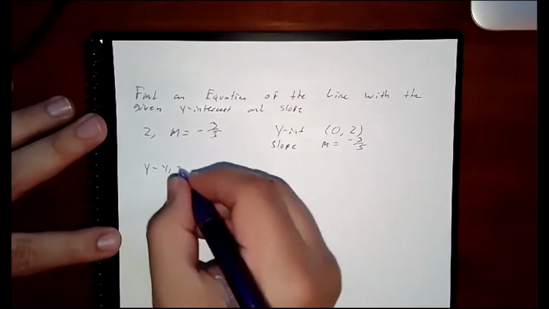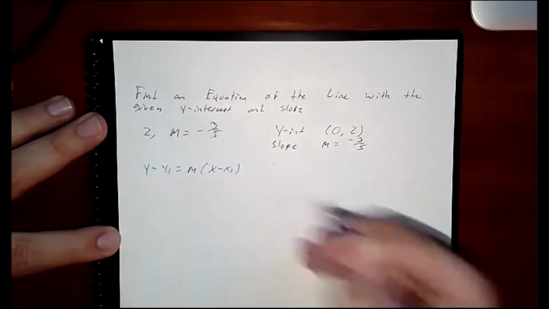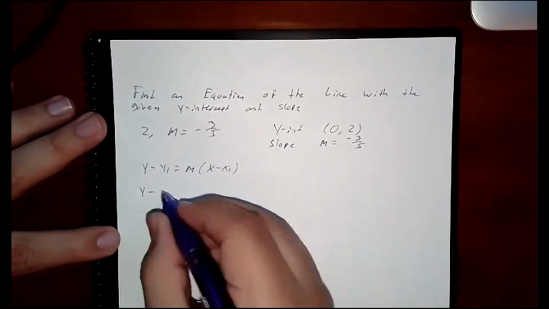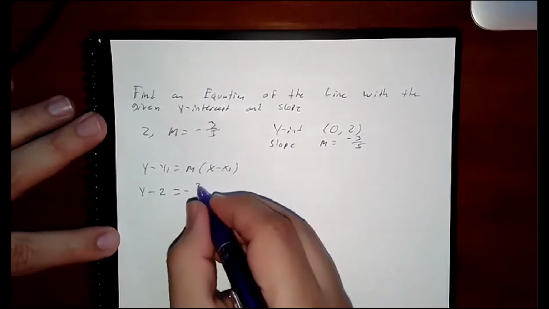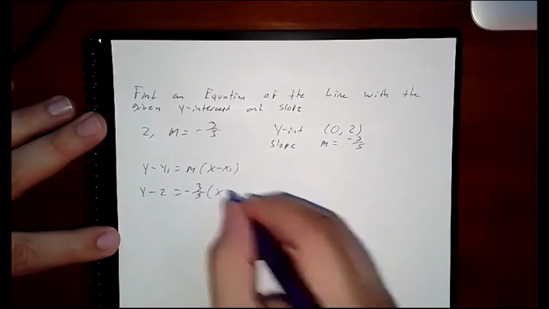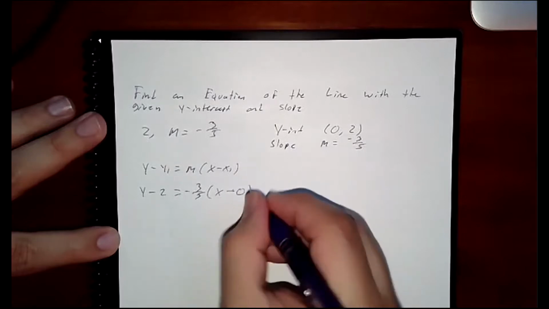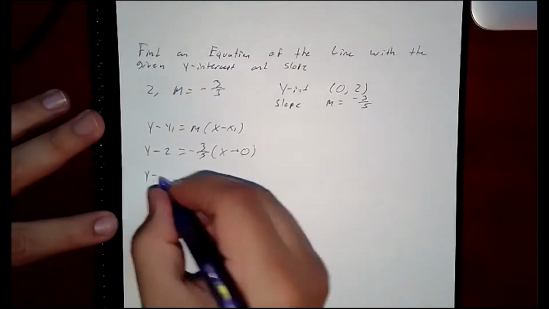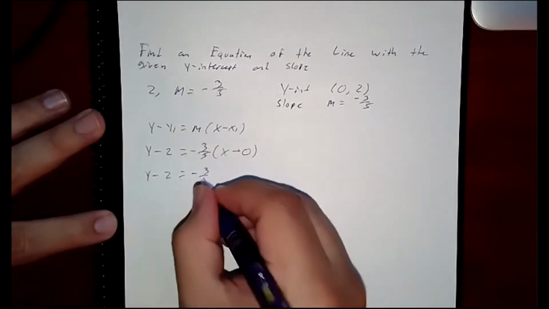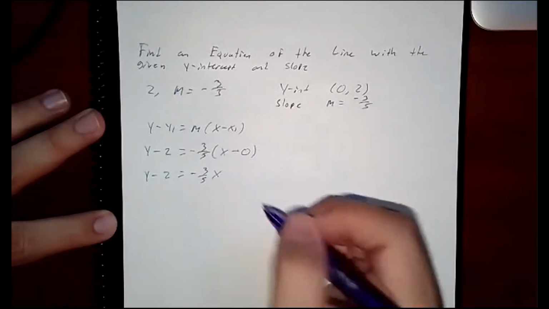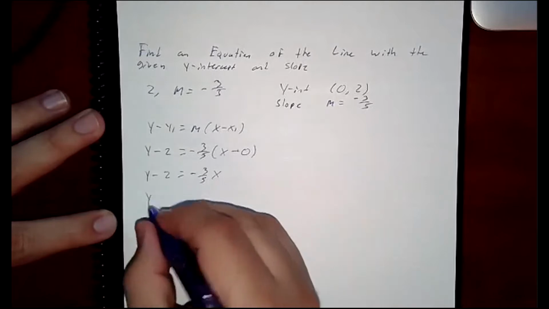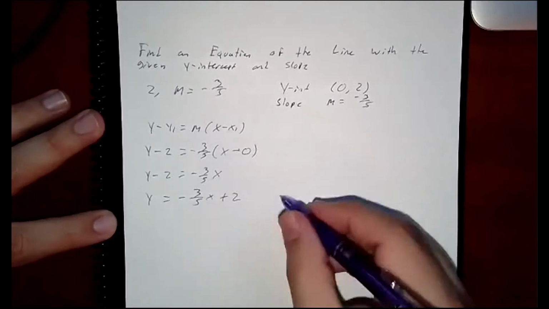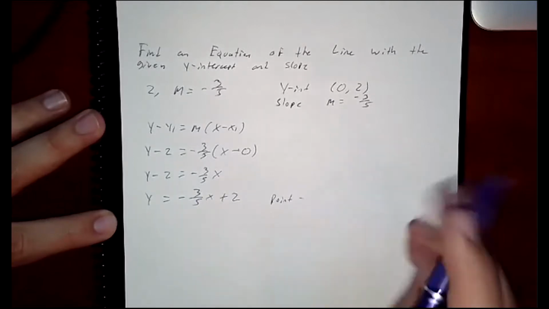Y minus y1 equal to m times x minus x1. Plug in (0, 2). Plug in the slope. Plug in the x. At that point, you just solve for y and you're done. So we can distribute the 3/5 in. That will leave you with this. Add the 2 over, and we're done. So this right here is point-slope, then slope intercept.